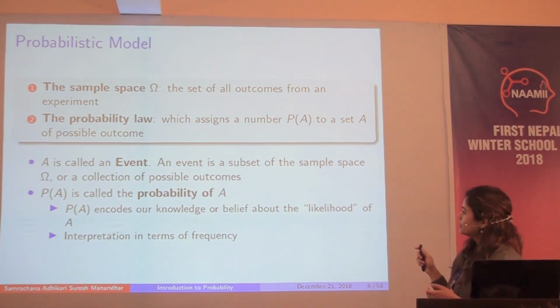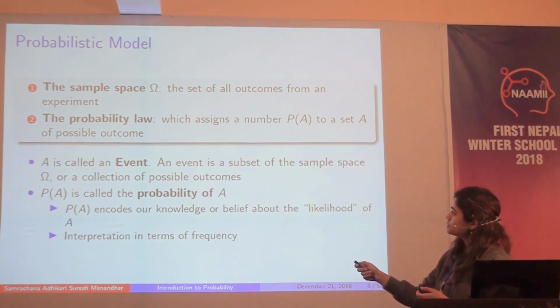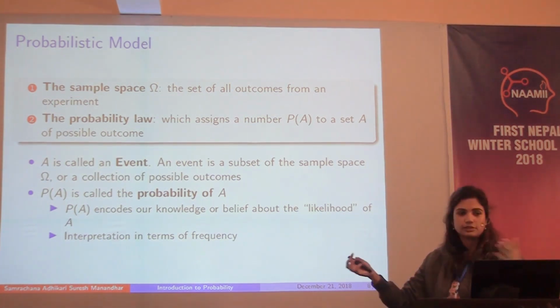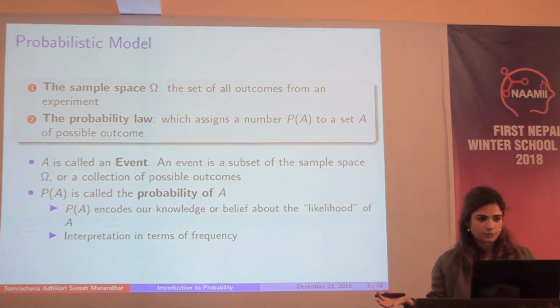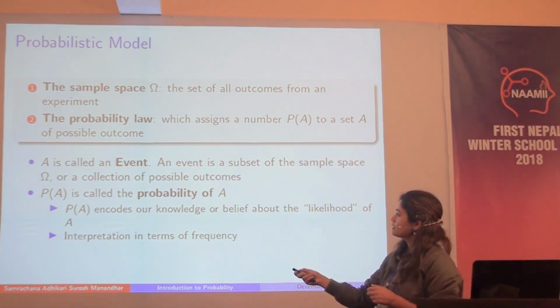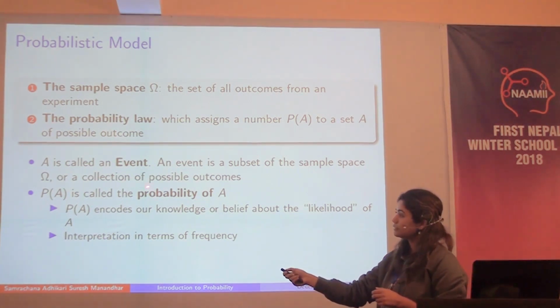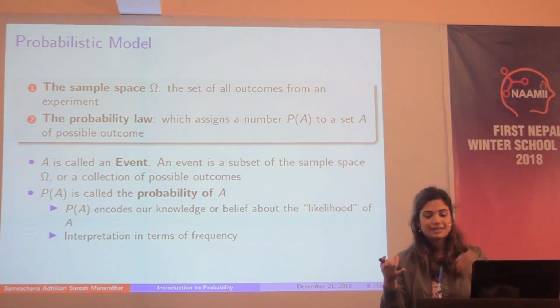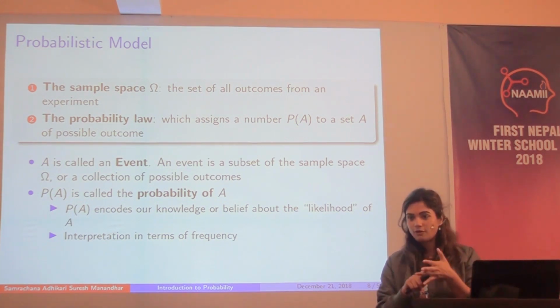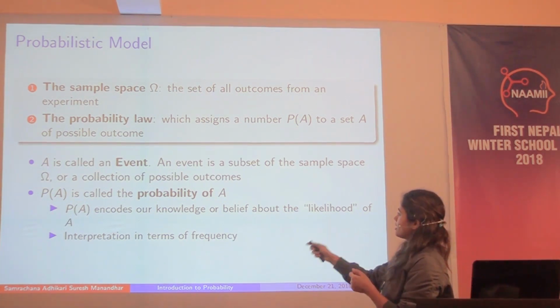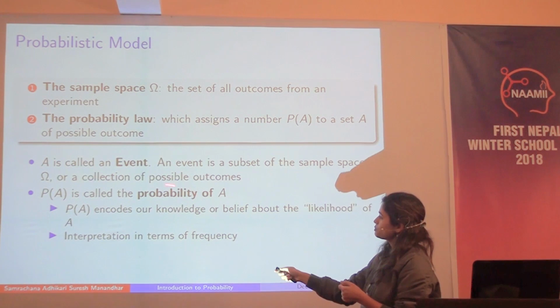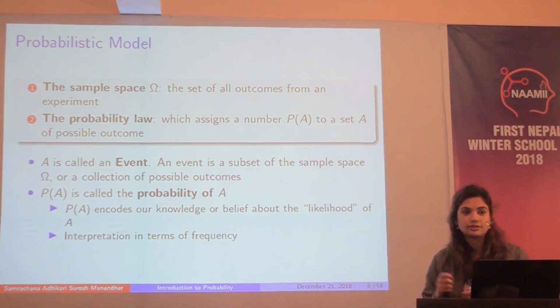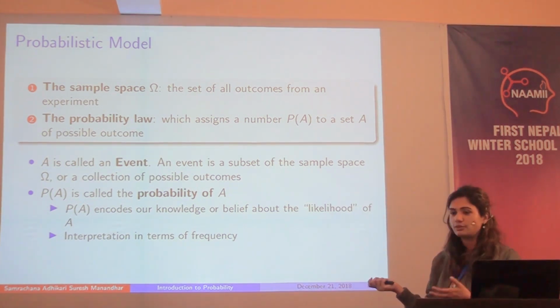So there are 3 important concepts here: the sample space that contains everything that you get from an experiment, and then there is something called the event of interest. When I think about an even face on the dice, then it's 2, 4, or 6. And then we want to assign this probability to that event, so P of A. How do we talk about that?